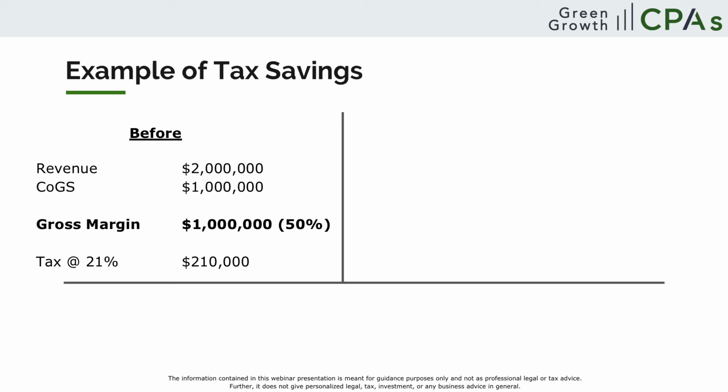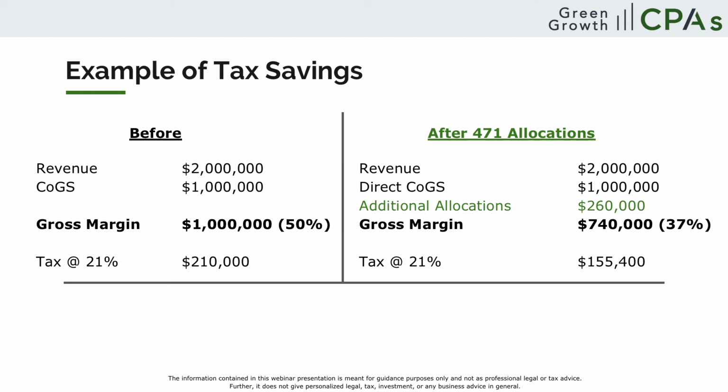So with the new Tax Cuts and Jobs Act, the tax rate for C Corps is capped at 21%. That means at 21% tax, you'll be paying $210,000 in taxes without doing the 471 allocations. Now, if you allow us to help you with these 471 allocations, we could potentially add maybe $260,000 of additional allocations to your COGS, thus reducing your margin down to 37%, for example.